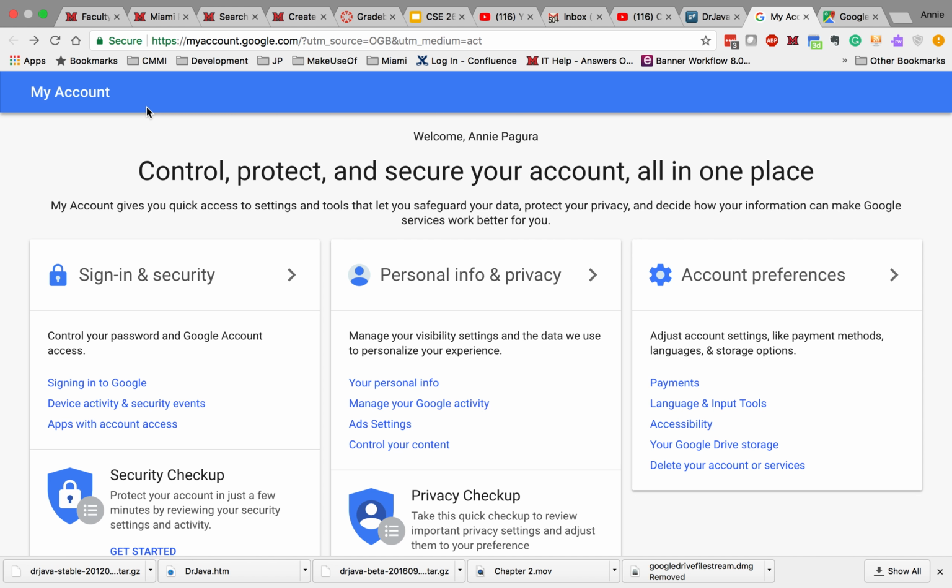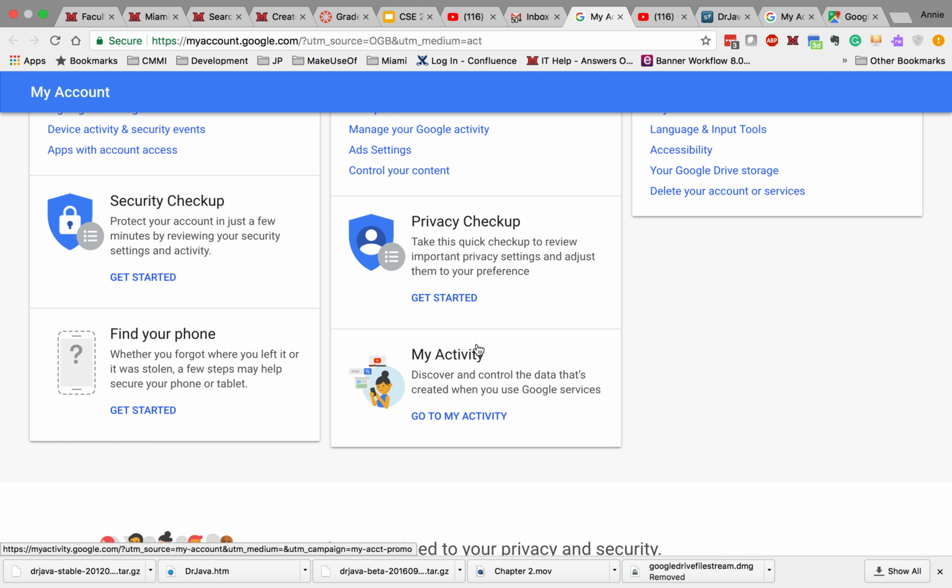You go to my account, and explore. Google keeps track of all of your activity. Now you can do some things to control that, but for the most part, it knows my search history, it knows my activity, it knows what I've watched, it knows what I'm searching for.